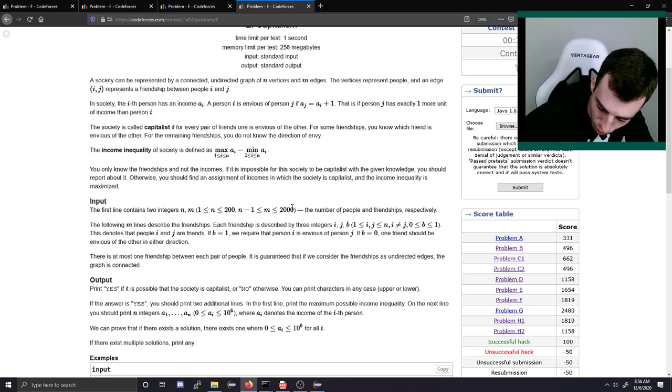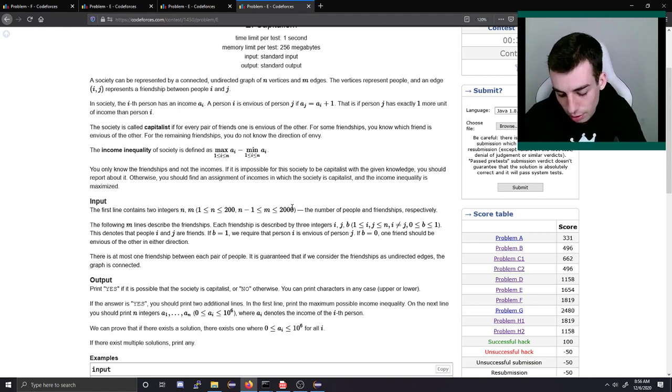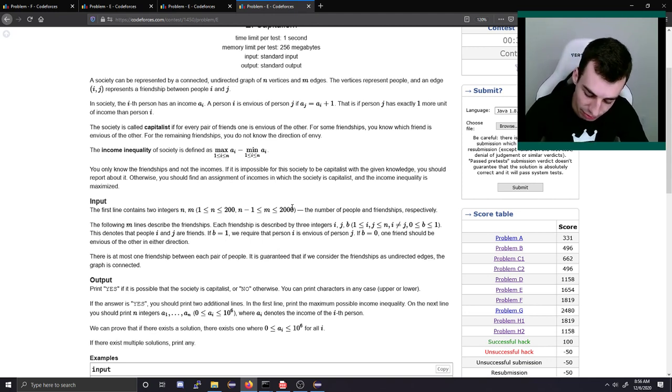Well, not necessarily node 1, but some node that we want. Some question mark node. And we want to flip all edges, flip the set, or like increment the entire set.